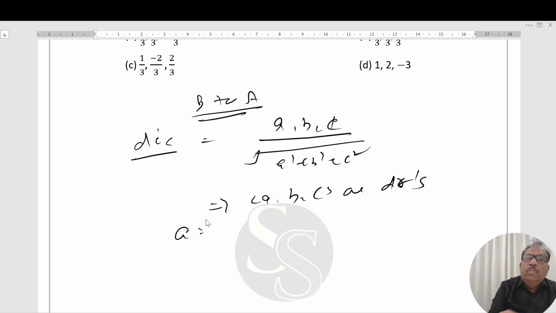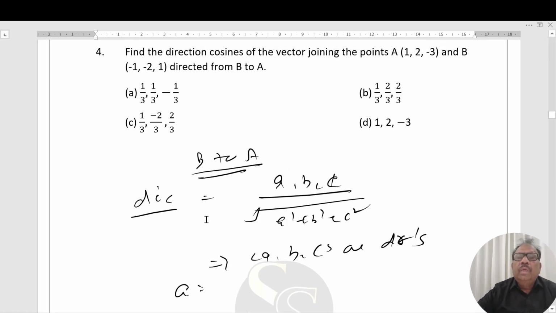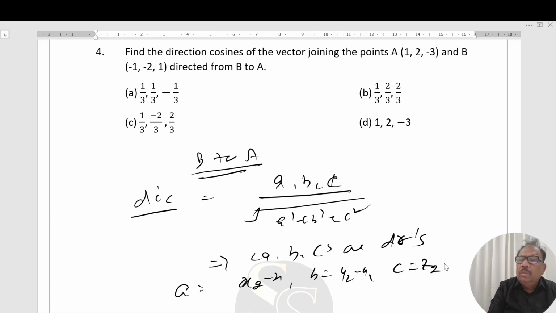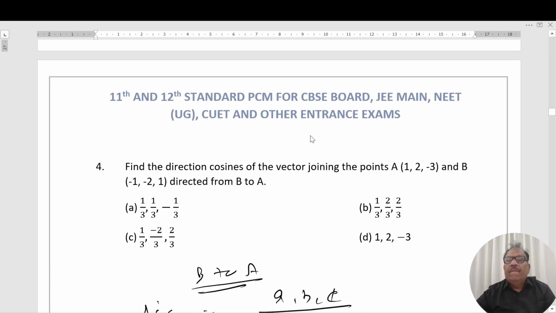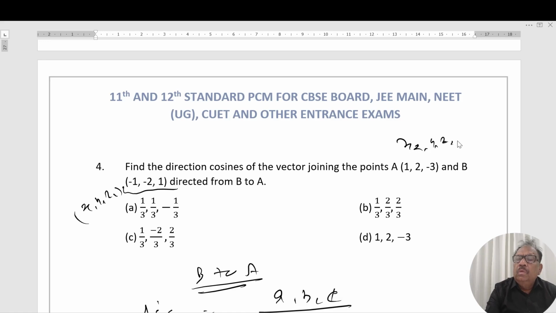So a will be x2 minus x1, b is y2 minus y1, c is z2 minus z1, for B to A. This is x1, y1, z1 and this is x2, y2, z2.